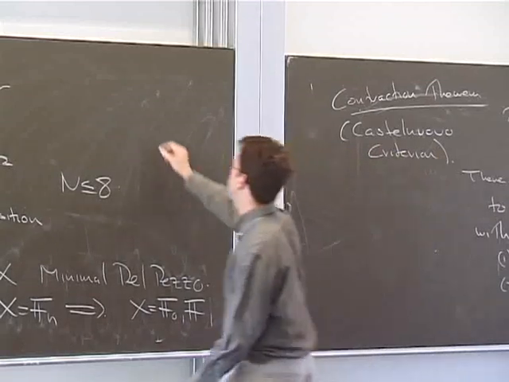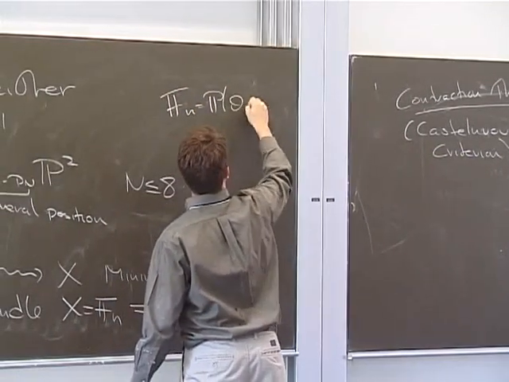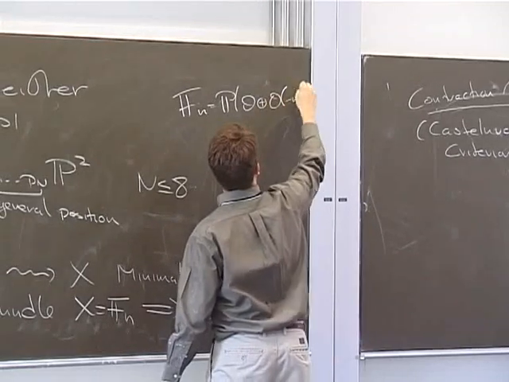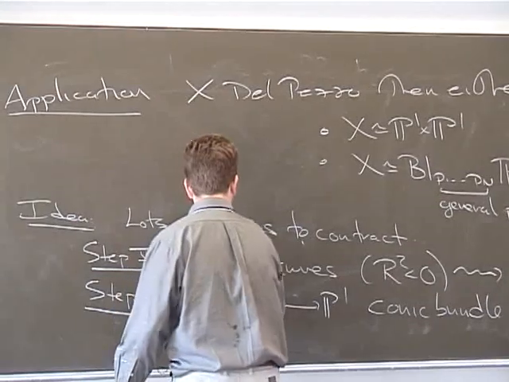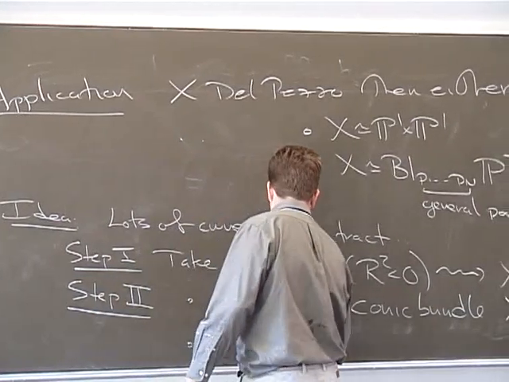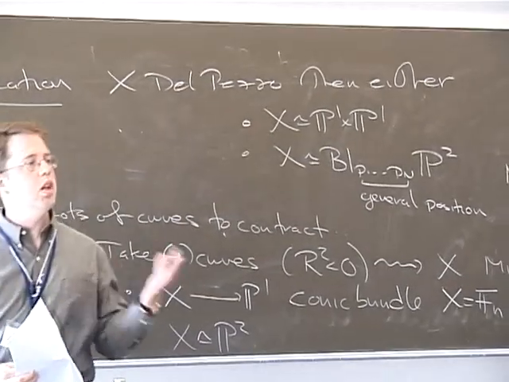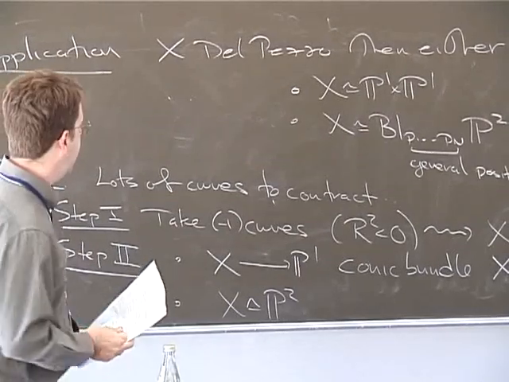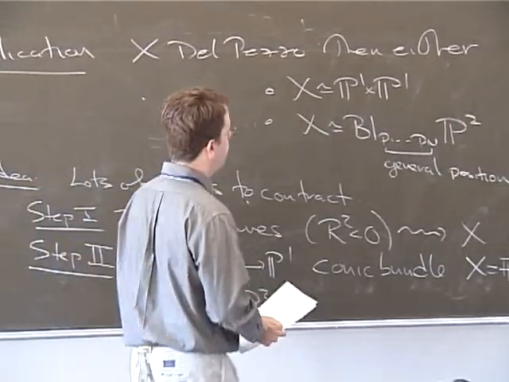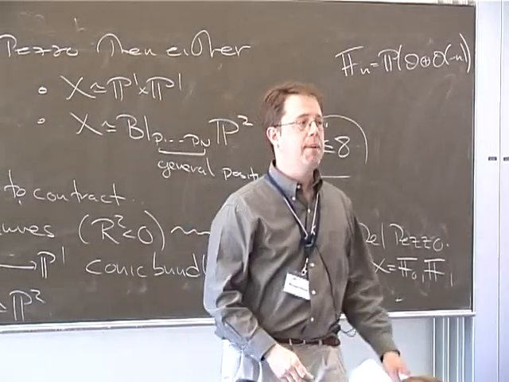I guess I should tell you that Fn is this projective bundle over P1. Or we have X is equal to P2. So using the contraction theorem gives us a fairly transparent way to analyze the del Pezzo surfaces. And I apologize, I don't have time to explain that. But I'll be happy to explain it to anyone.